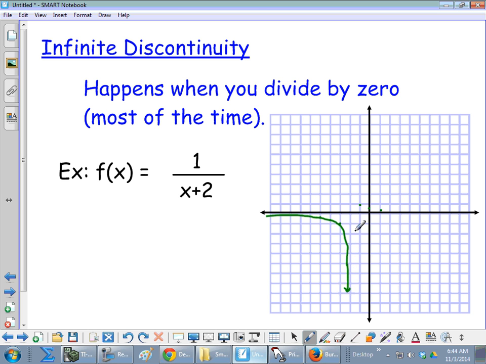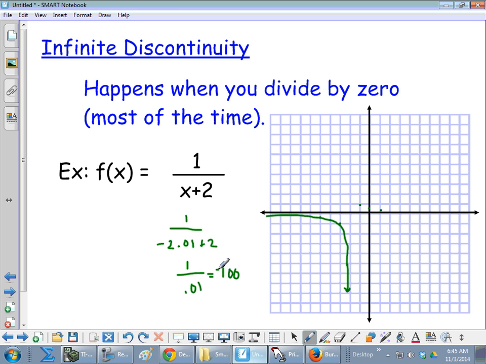What happens is if we put in -2, we end up dividing by 0, so it's undefined, so it'll never touch that. But if we put in -2.01, you get 1 over -0.01, which is 1 divided by 1/100th, so -100.